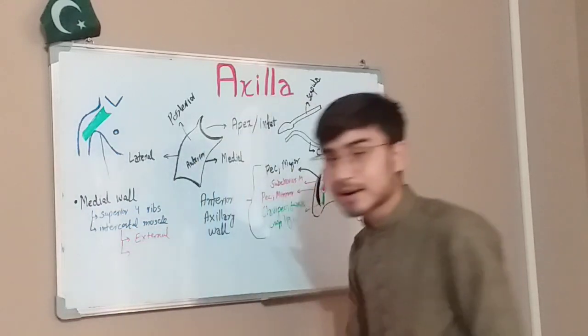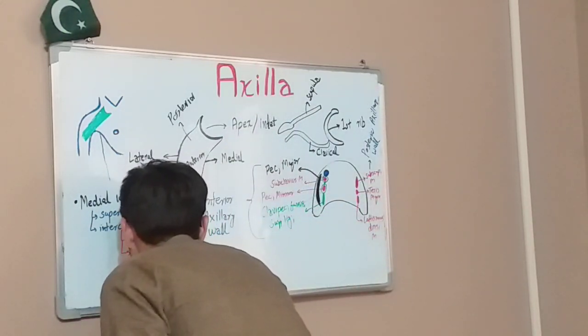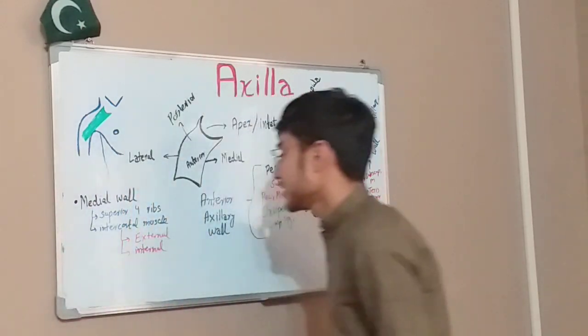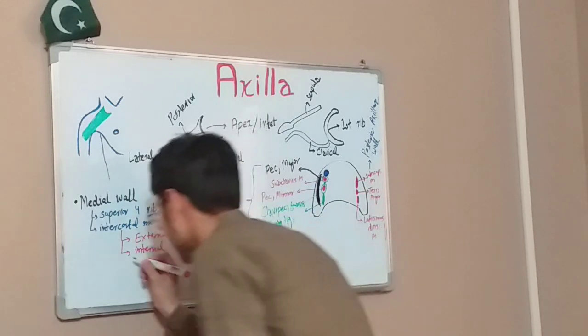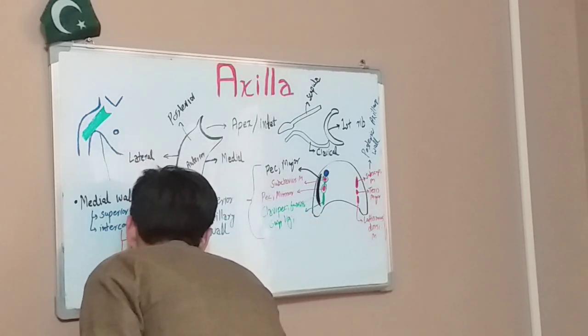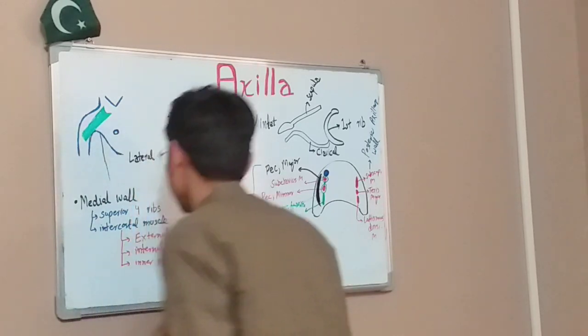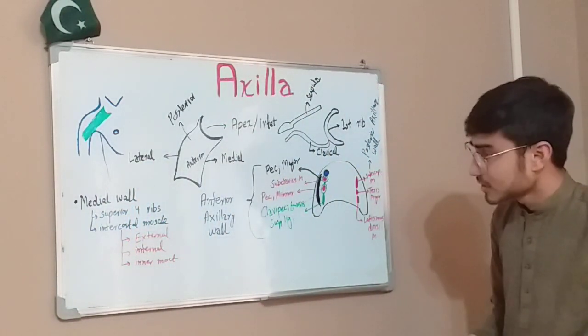Then we have the internal intercostal muscle. And then we have the innermost intercostal muscle.